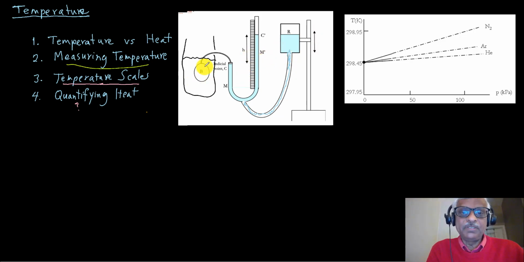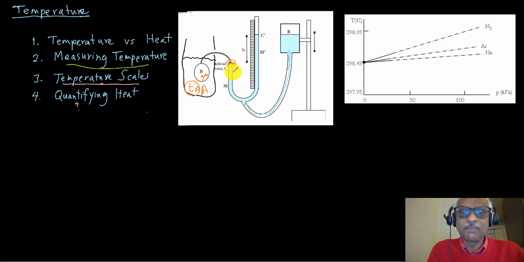So what happens is, if you change the temperature, say of this system A, so this is some temperature A, I want to know what the temperature A is. The gas here in this bulb will expand and push the mercury, and you will adjust this so that you push back, the pressure gets higher, and you push the mercury back to this same level here.